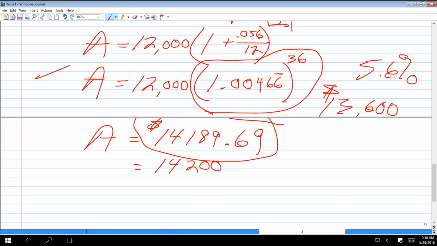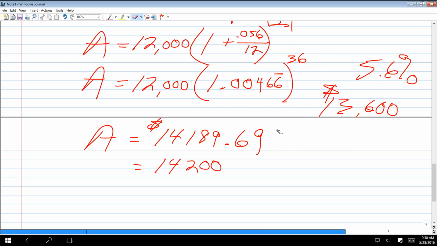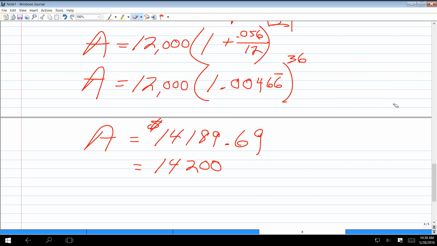But natural processes are almost all continuous. In other words, when you're talking decay, when you're talking radioactive decay, it's a continuous decay. And whenever you're dealing with continuous, you're always going to have the number e involved. All right, what else?